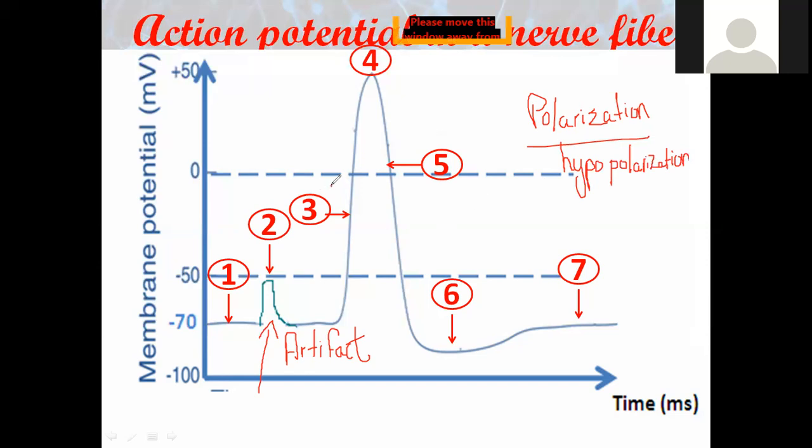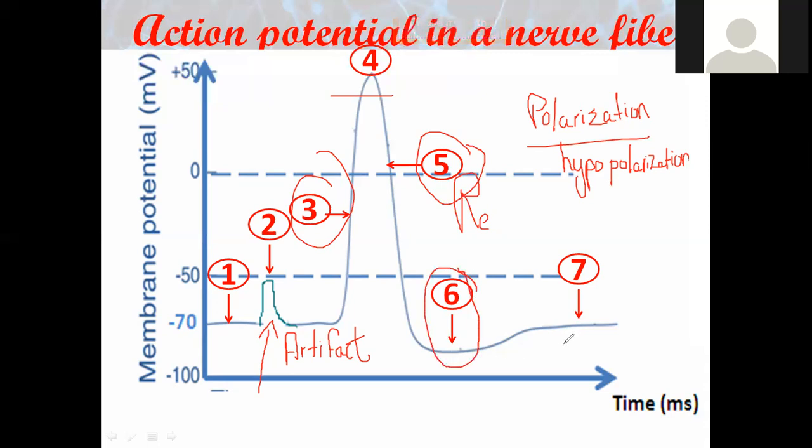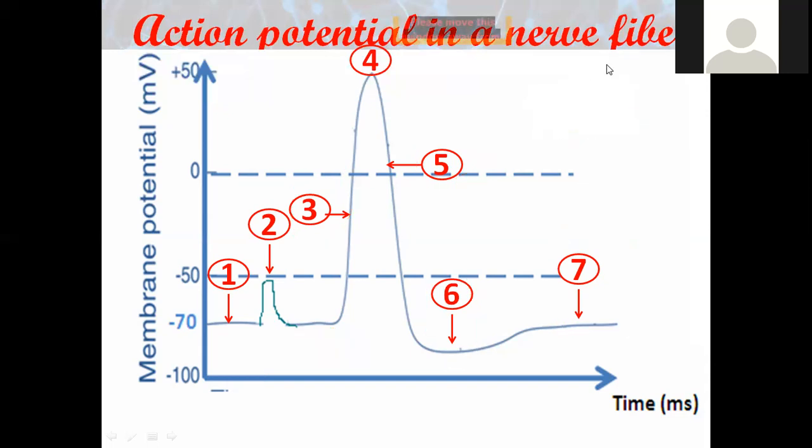Here, 3 is called depolarization. Number 4 is called inversion of the polarity. Number 5, we're going back to the polarity, so it's called repolarization. Number 6 is hyperpolarization, which is below the threshold. And number 7 is going back to the resting state. Okay, so let's move to these phases.